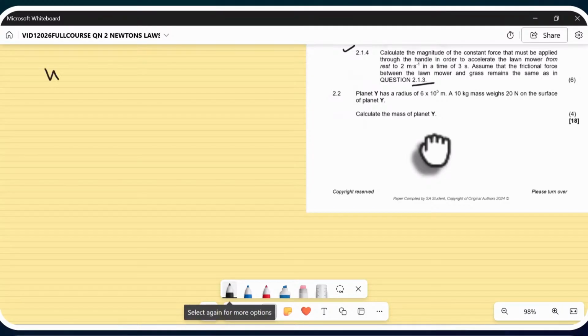But then the formula, the gravitational acceleration on any planet is given by G, the universal constant G, times the mass of the planet, in this case planet Y, divided by the radius of that planet Y squared. So in here, looking for the mass, right?